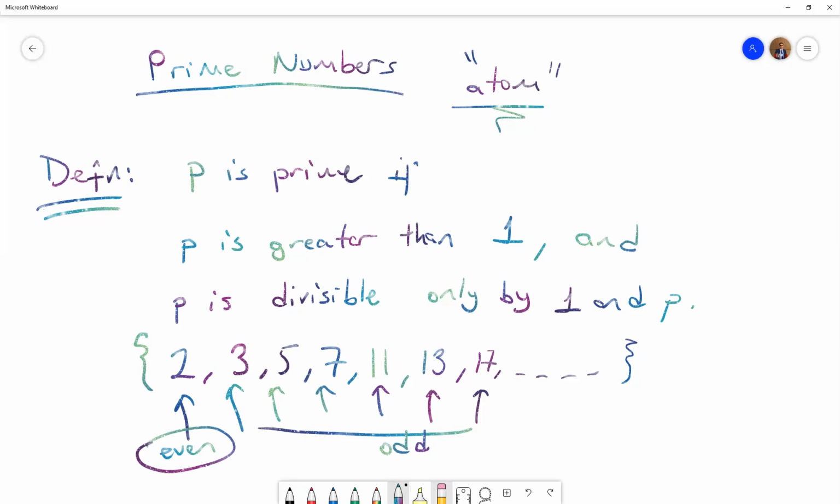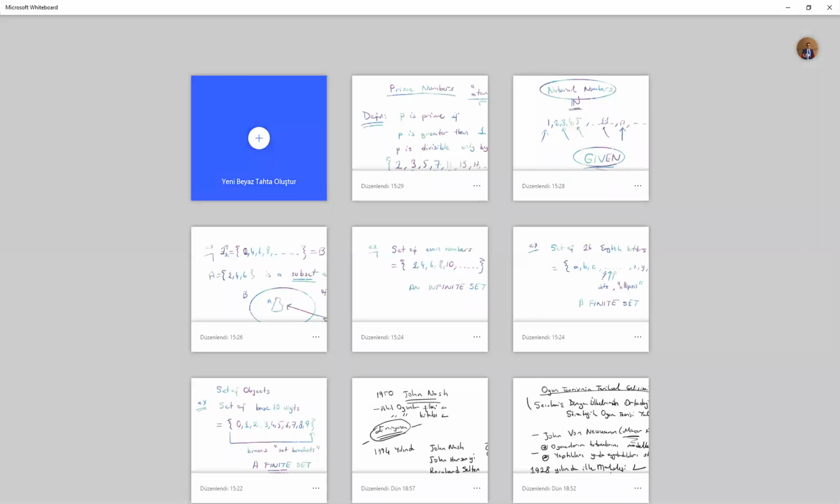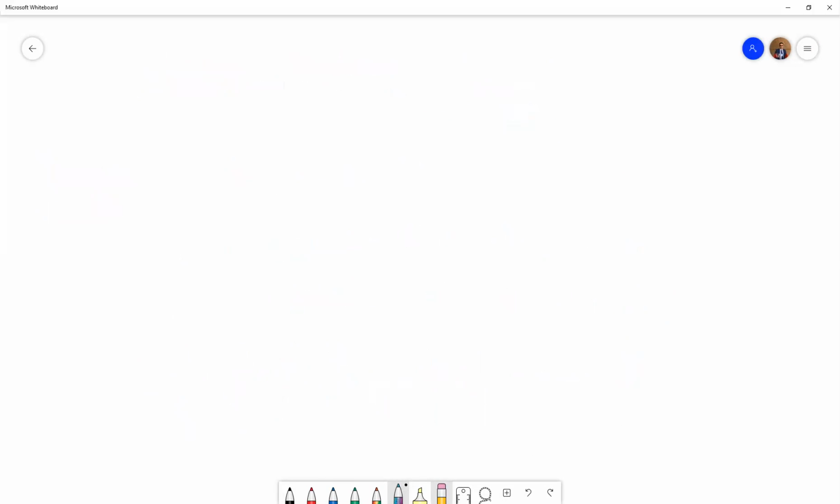Okay, let's go to another thing. We continue with this one. Fundamental theorem of arithmetic. What's this definition?